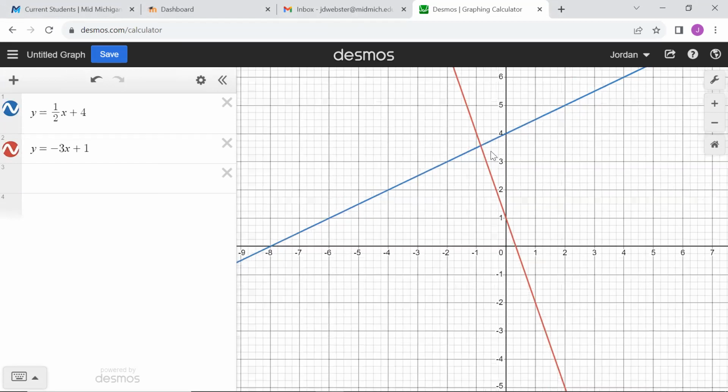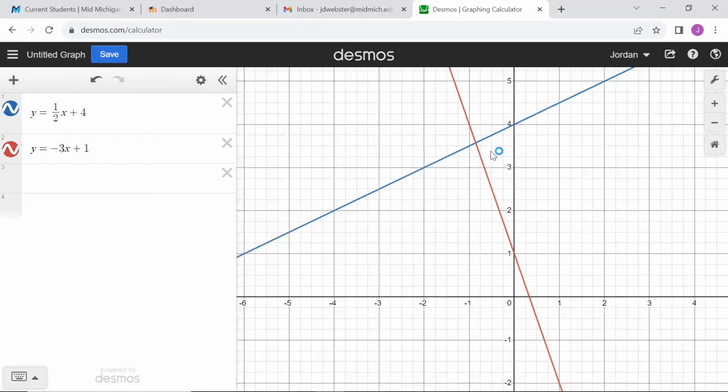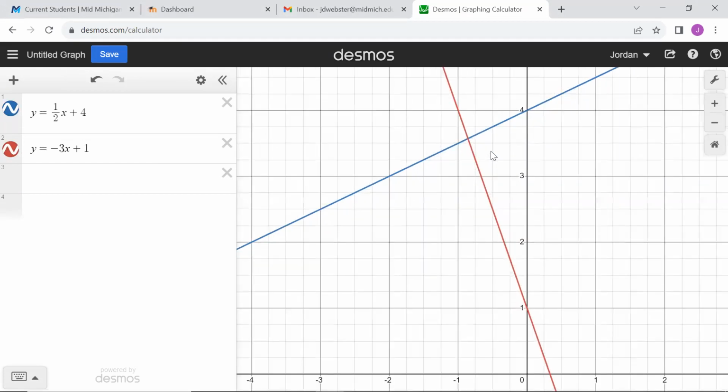If we zoom in a little bit and get really, really close, that's kind of a tough to see point there, isn't it? If I ask you where that is, it looks like a little bit more than 3/4 of the way to -1 in the x value and a little over half the way from 3 to 4 in the y value.